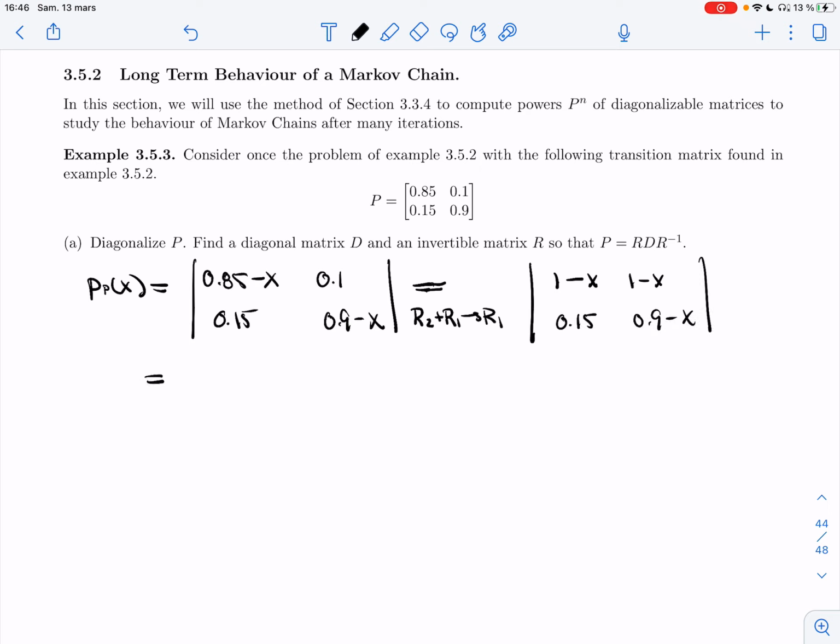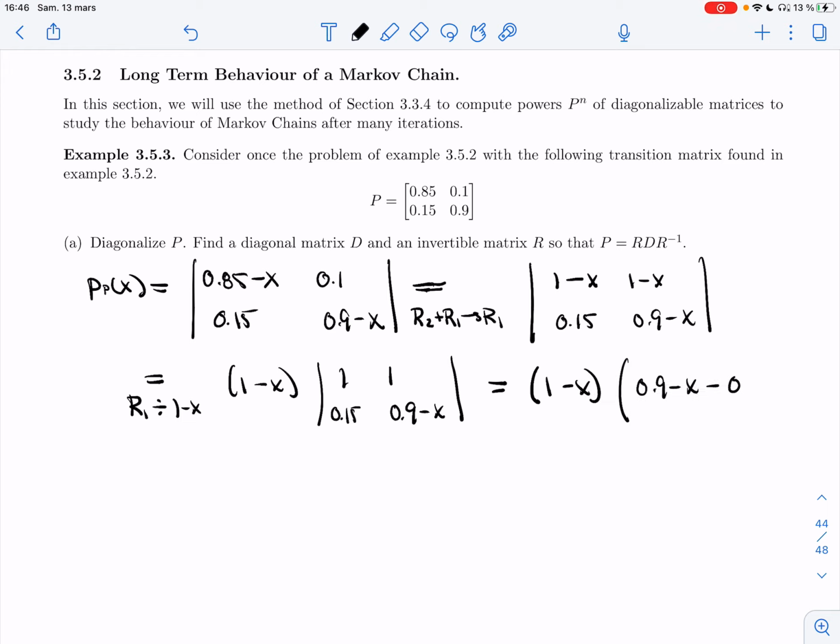And so I'm going to be able to factor 1 minus x out of the determinant, and that's going to happen for all Markov chains. And so I'll already have part of my factorization done. That's especially helpful for bigger matrices. All right, so I get 1 minus x and then 0.9 minus x minus 0.15. And so I get 1 minus x and 0.75 minus x. So I have two eigenvalues: 1 and 0.75.